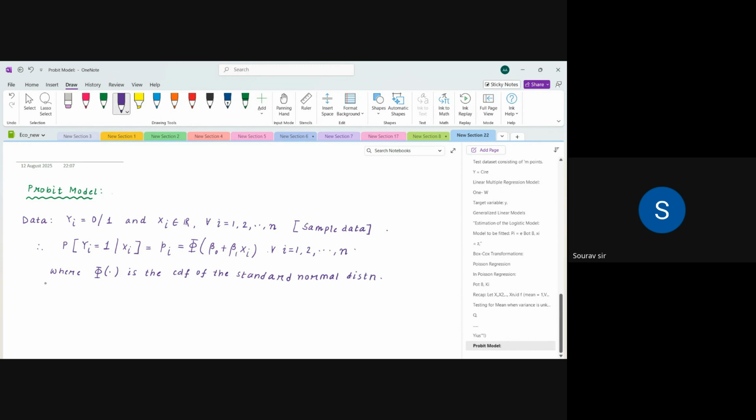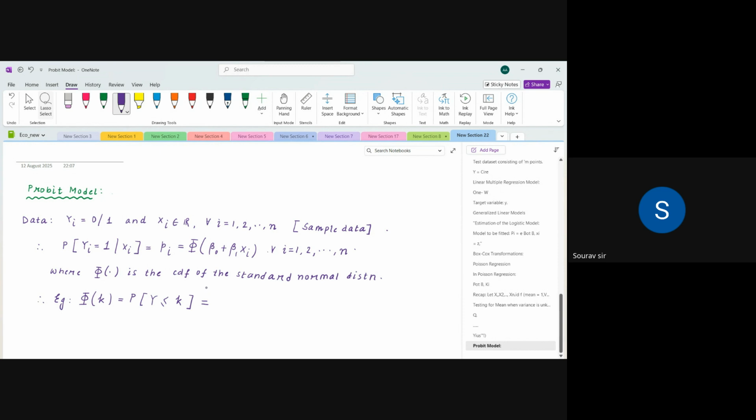So what was the CDF if you remember? Here, let's say for example, if I have to find out the cap phi CDF at a point like K, then we were basically trying to find out the probability that the random variable will take a value less than or equal to K, right? Correct.